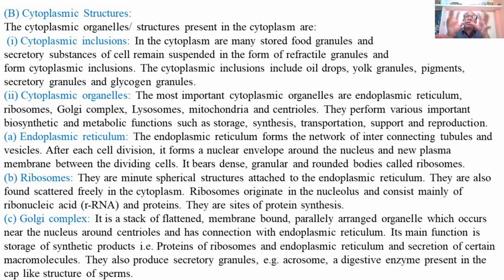So cisternae or lamellae of the rough endoplasmic reticulum are utilized for the formation of the nuclear envelope around the newly forming nuclei during the cell division. Similarly, at the end of cell division, when the cell divides into two daughter cells, the materials of the endoplasmic reticulum are utilized for the formation of the cell membrane or the plasma membrane.